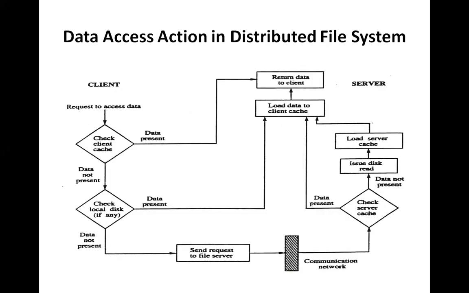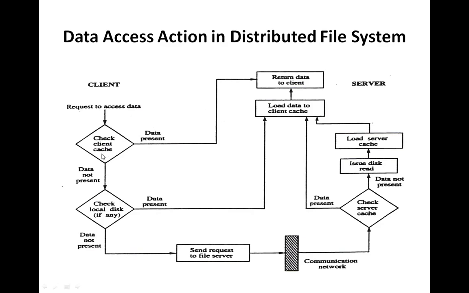So this is the illustration which shows how accessing of data takes place in the distributed file system. If there is a request by a client to access the data, it will first give its request to the local cache.